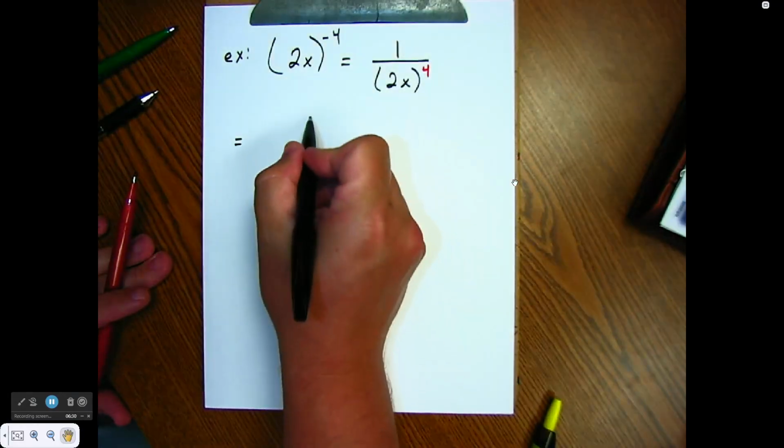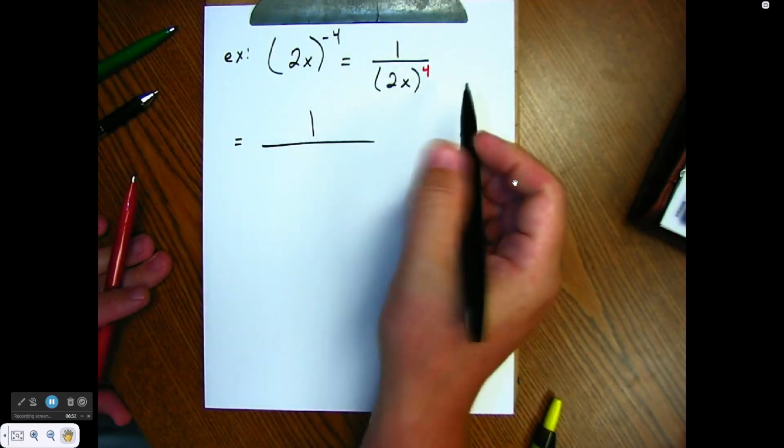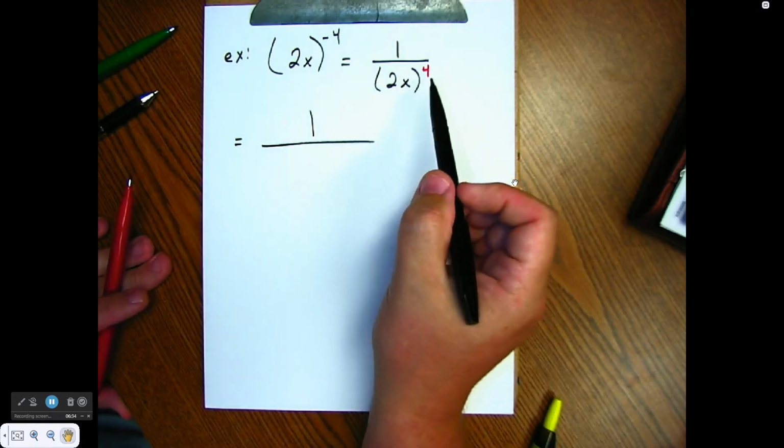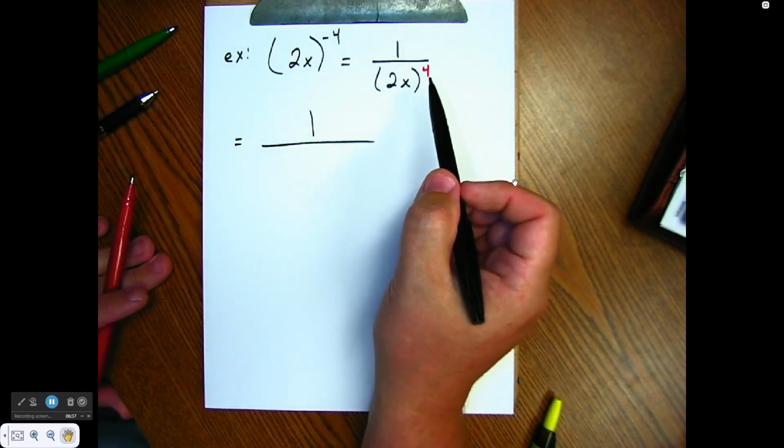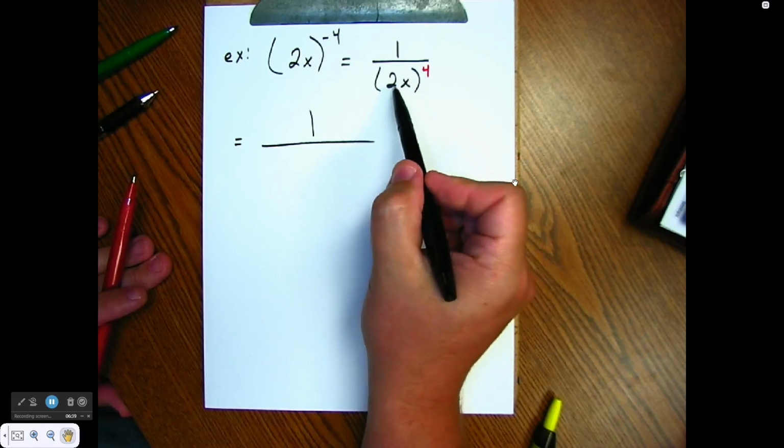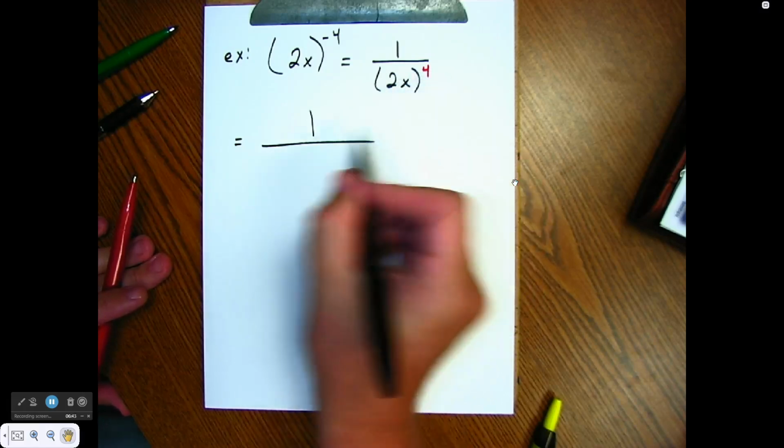Now we have 1 over, and we haven't talked about the power rule, which is the next video. So we have 2x to the 4th power.